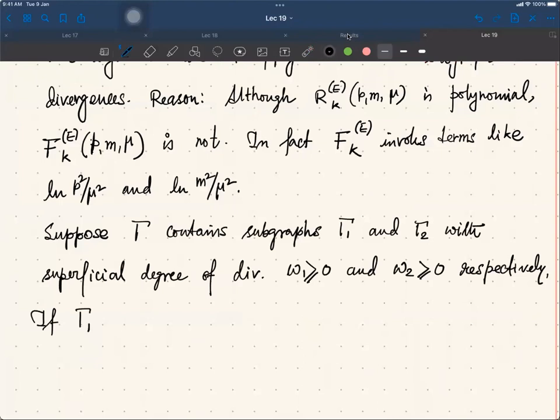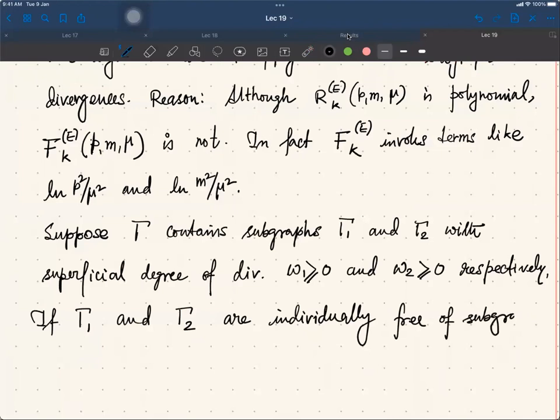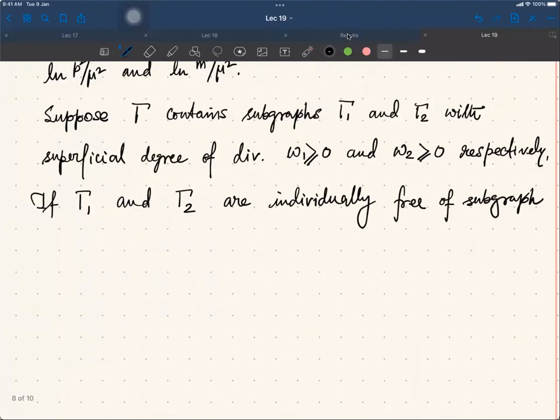If gamma 1 and gamma 2 are individually free of subgraph divergences.